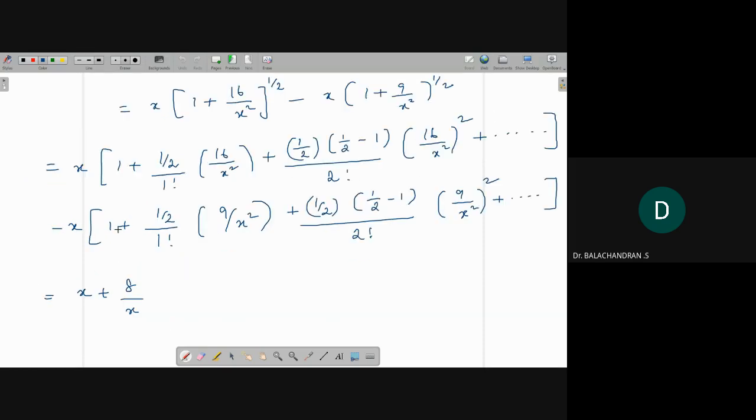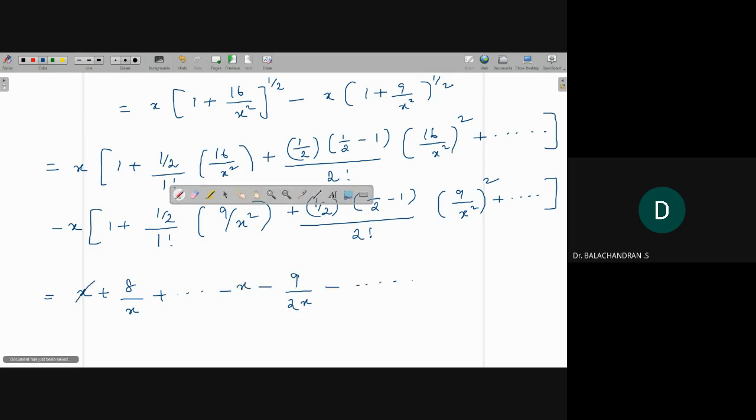And if you multiply these two, plus put some dot, and multiply these two, you have what? Minus x. If I multiply these two, you'll get what? Minus 9 by 2x, and then minus dot dot dot. The plus x minus x gets cancelled.